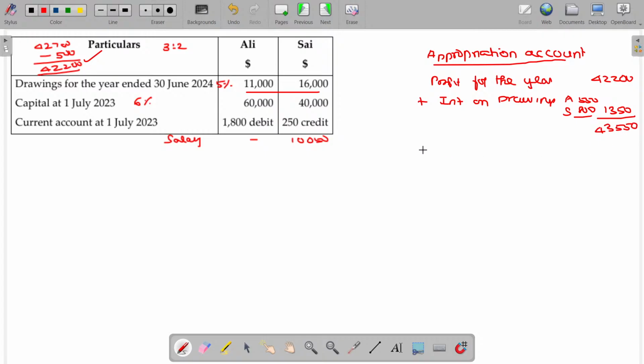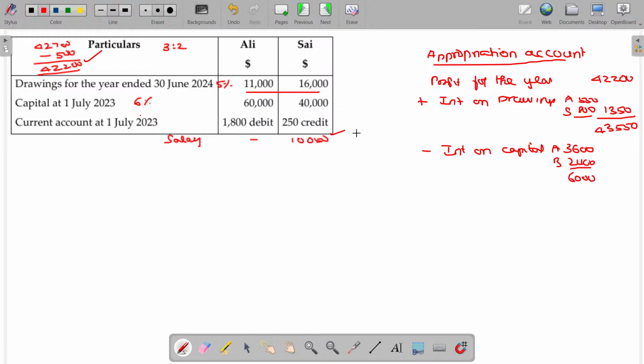43,550 minus interest on capital for Ali and Sai. Capital is given, so interest on capital at 6% for 60,000 is 3,600, and 6% for 40,000 is 2,400. And 6,000 will be the total interest on capital.